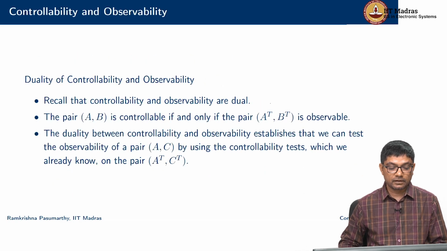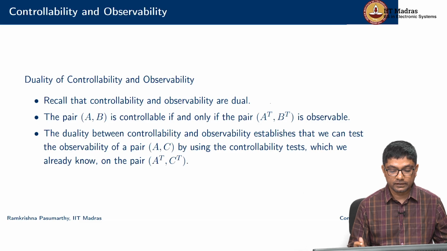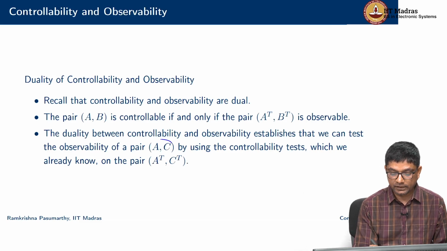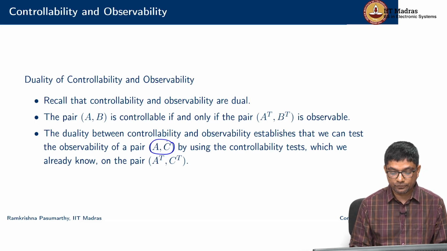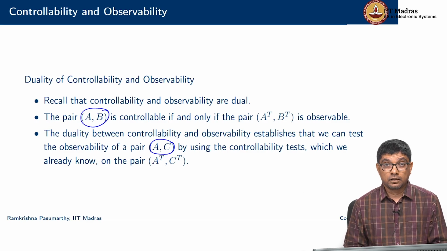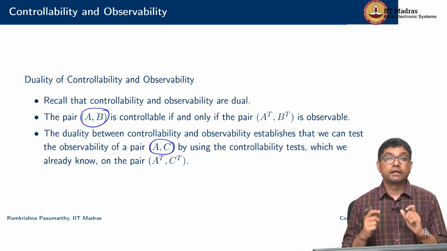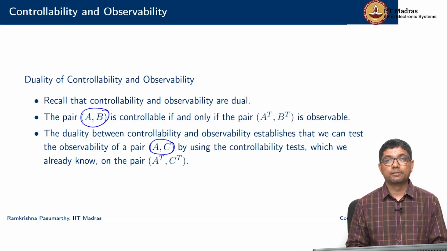Similar to what we see in controllability tests, just give me A and C, and I should be able to say whether the system is observable or not. Just similar to just give me A and B, and I should be able to tell whether the system is controllable or not. Also, the key here is that everything depends only on the system properties A and B, not necessarily on what kind of input the system is subject to. It is independent of whatever is the input.